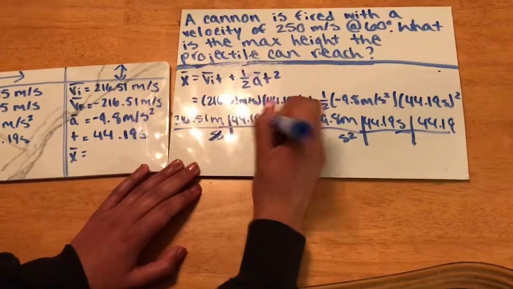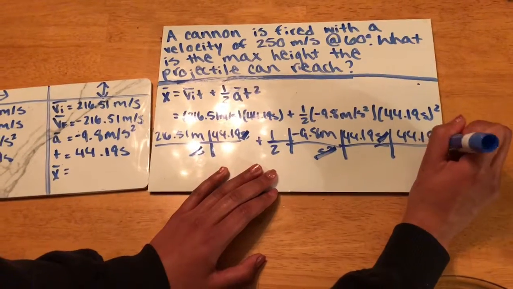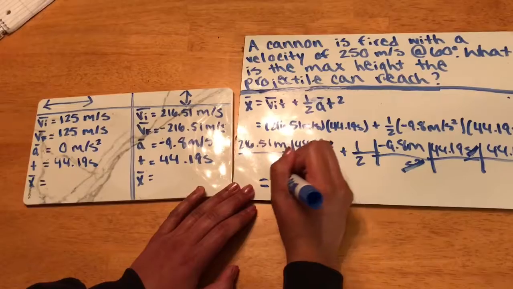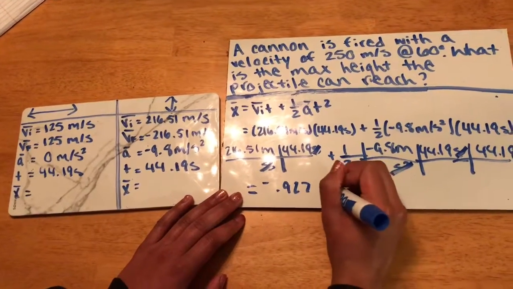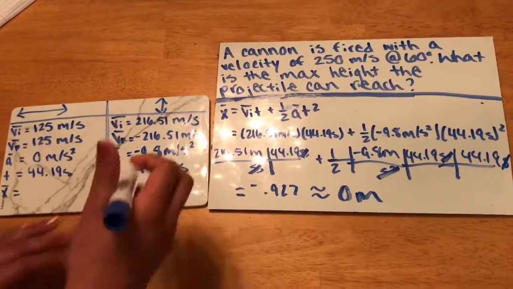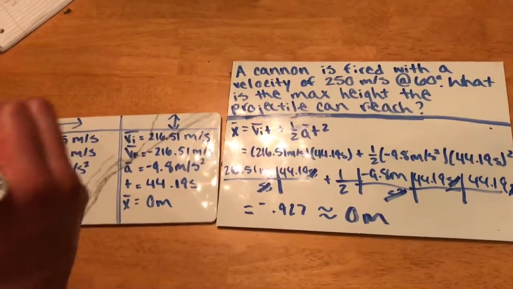Here we have these seconds cancel. We have all the seconds cancel here. And our final answer for that side is negative 0.927, which we can make 0 meters instead to make it easier for this problem. So we have 0 meters for that side.